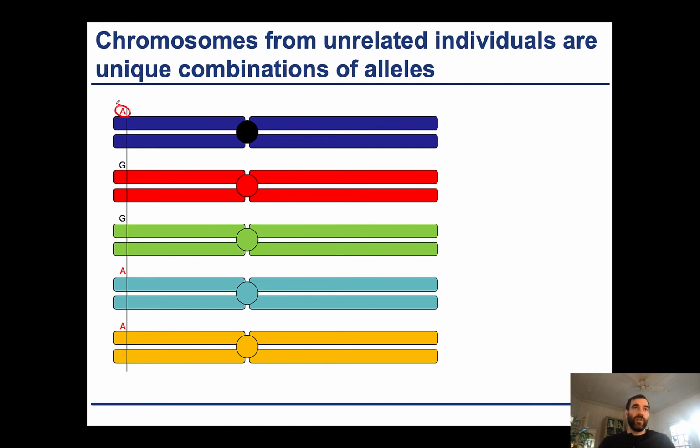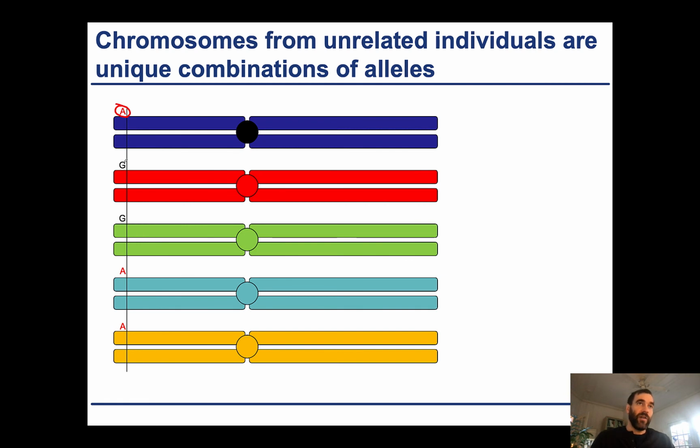So here I'm showing you, you can think about this as your chromosome 1 from your father. If we look at this chromosome 1 and identify all of the differences from the reference, we can mark that in red. This position right here, instead of being a G, is actually an A nucleotide.